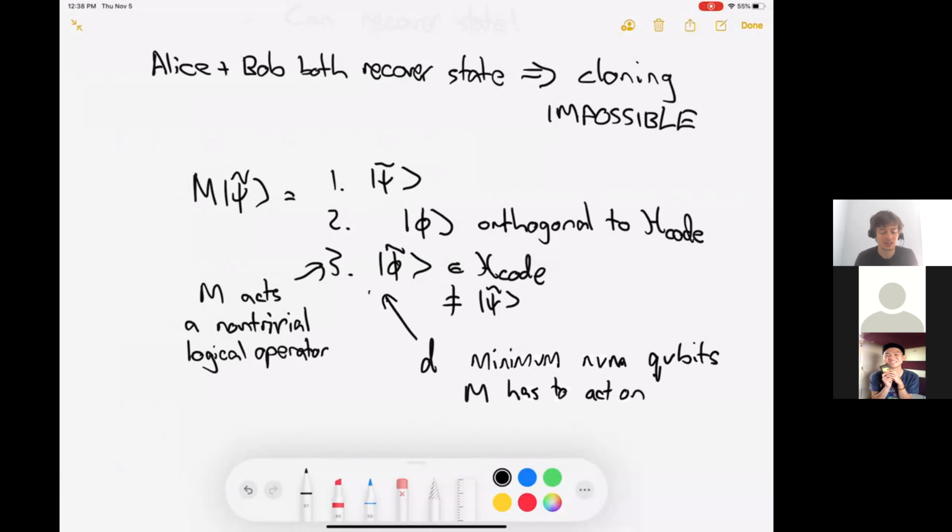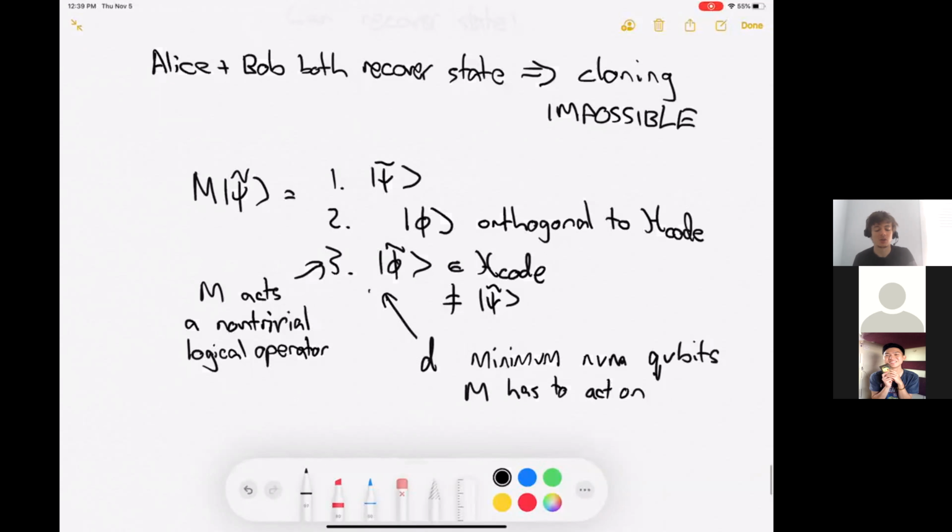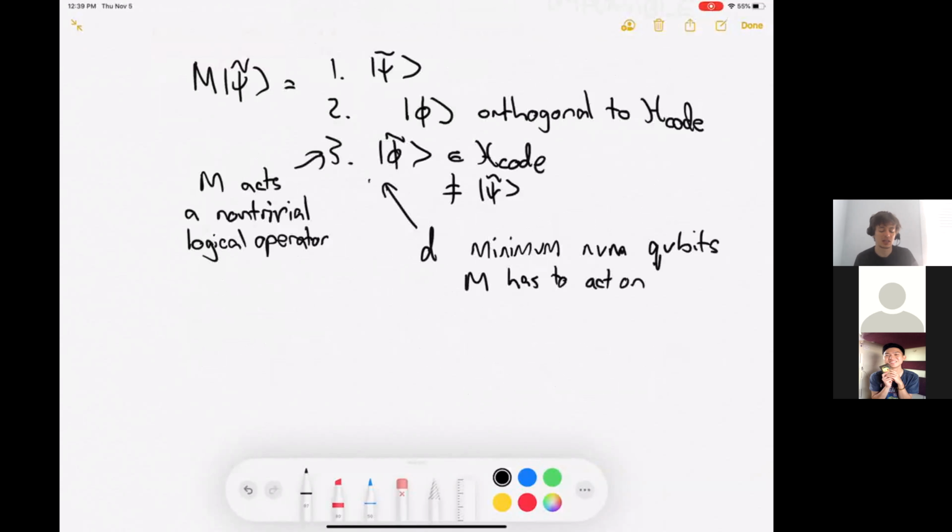Well, certainly if your error does M, then you're in trouble, right? Because your error has changed the state, but it's still in the code subspace, so you can't detect that an error has happened at all. So clearly you can't correct M, but you also have to worry, what about if you have two errors, E_A and E_B, such that E_A E_B dagger equals M?